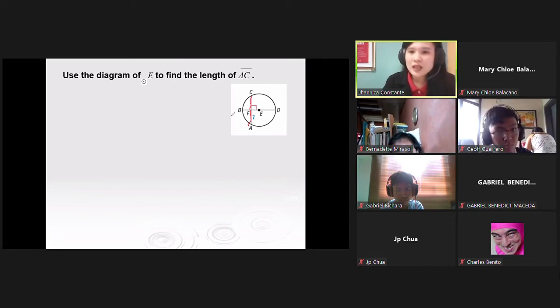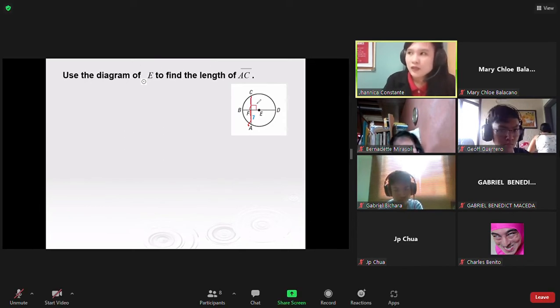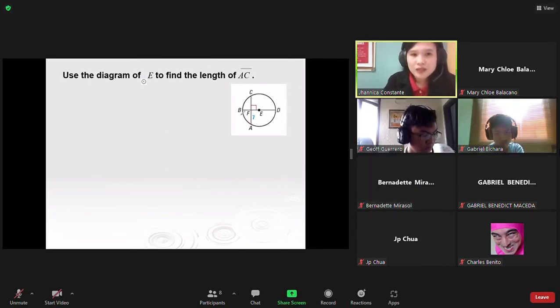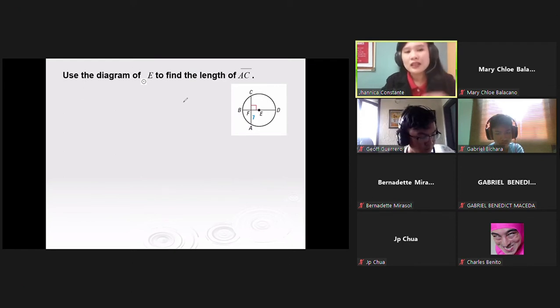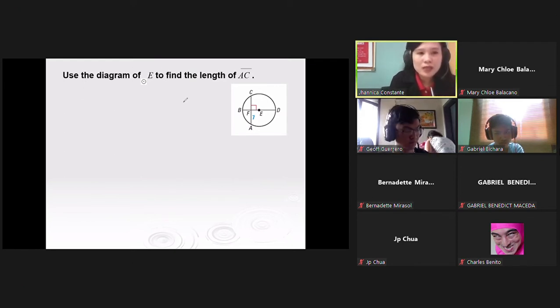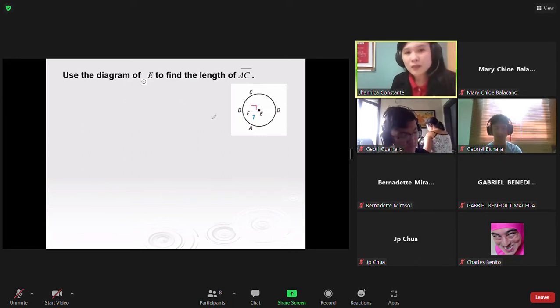If AF is equal to 7, according to the theorem, if the chord is being divided by the diameter, the chord will be having the same measurement or will be divided by 2.